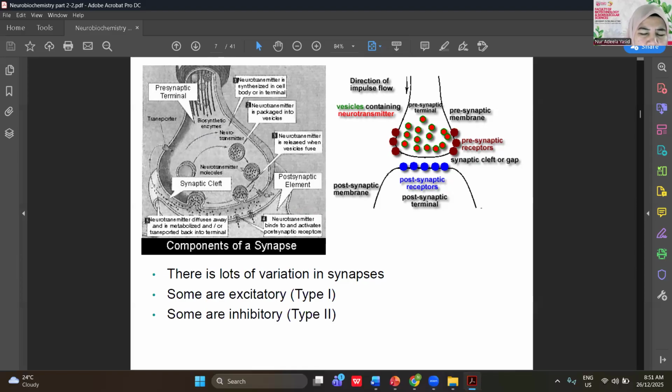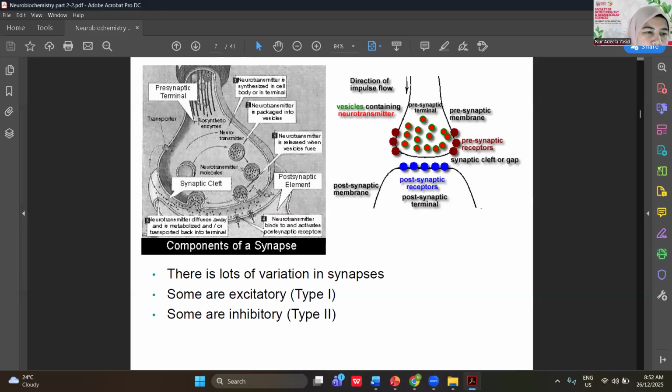The synaptic cleft is basically a gap between presynaptic and postsynaptic neurons. This is where neurotransmitter is released, and the postsynaptic element contains receptors that bind neurotransmitter, leading to signal transmission.